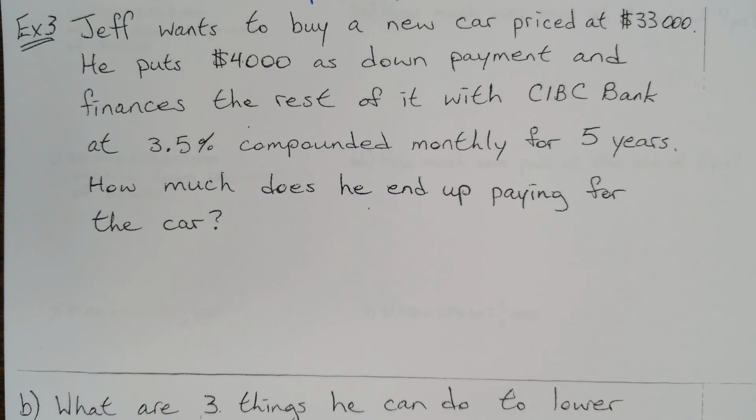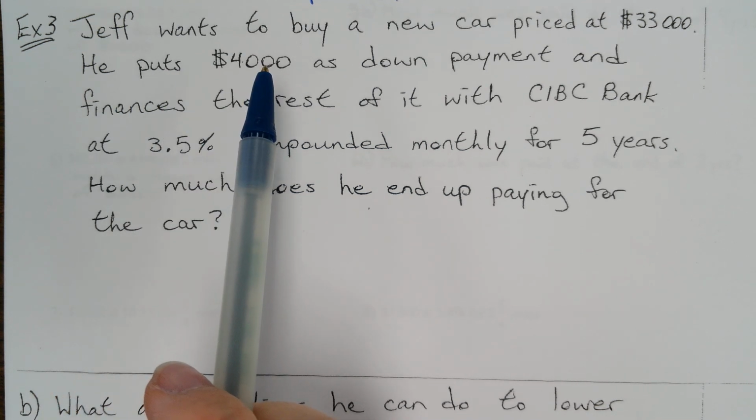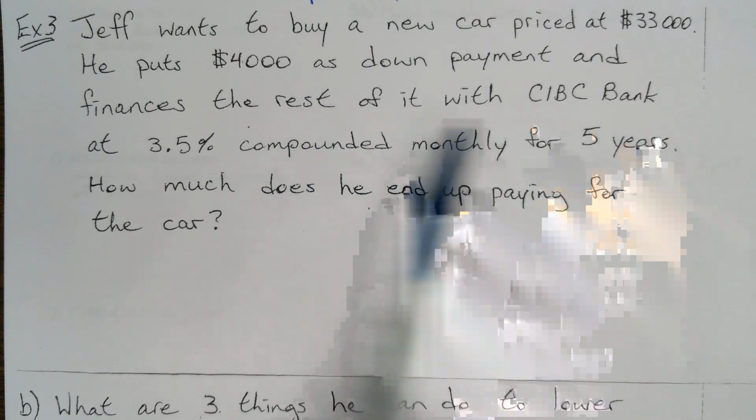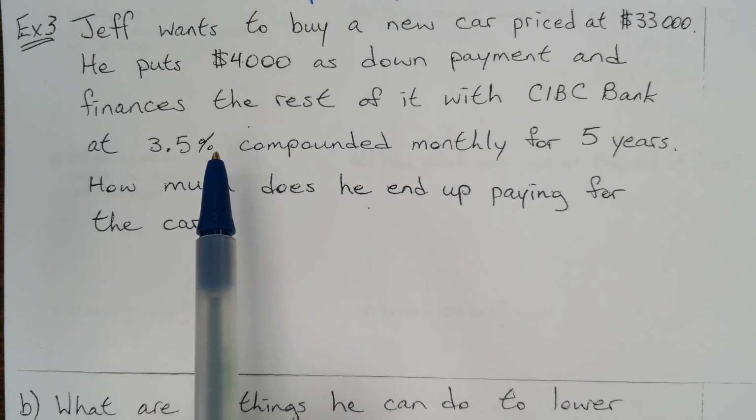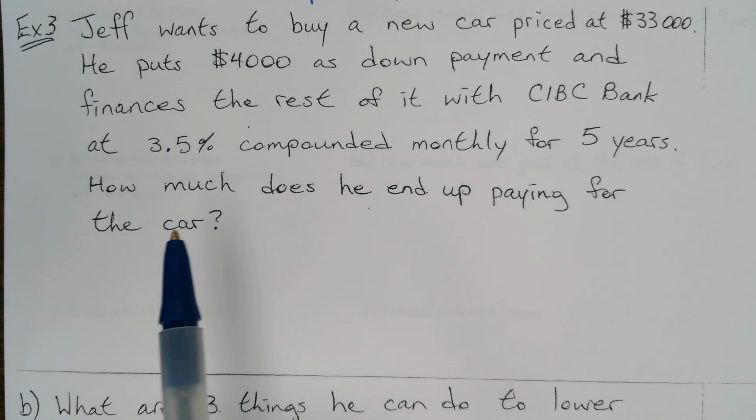A car that you drive. He's going to put $4,000 as a down payment and finance the rest of it with CIBC Bank, which offers 3.5% compounded monthly for 5 years. How much does he end up paying for the car at the end?